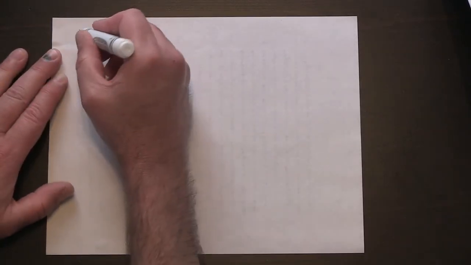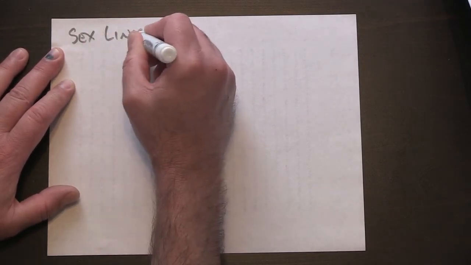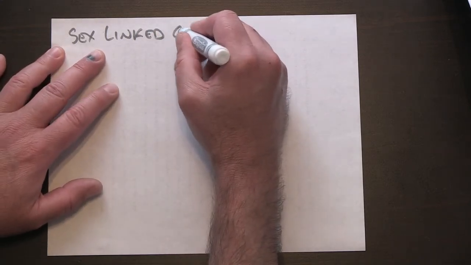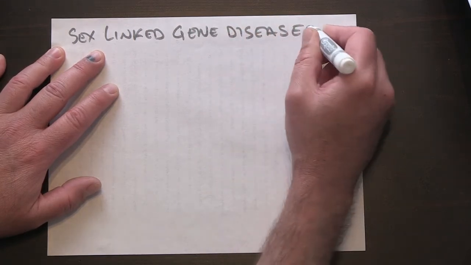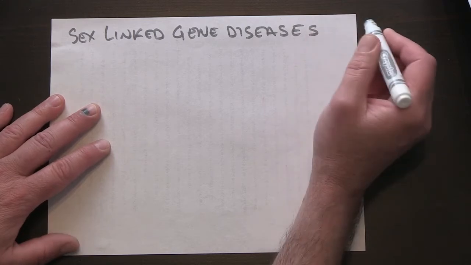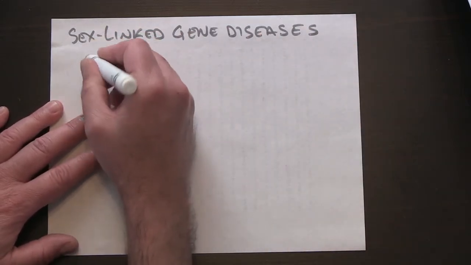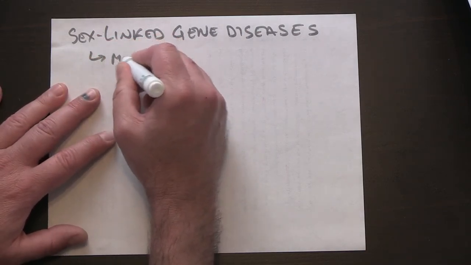So, unfortunately, guys, X-linked diseases are kind of bad news for us, because if we get one copy of the disease allele on a sex-linked gene, then we get it. Females need 2 copies. Most are due to recessive alleles.